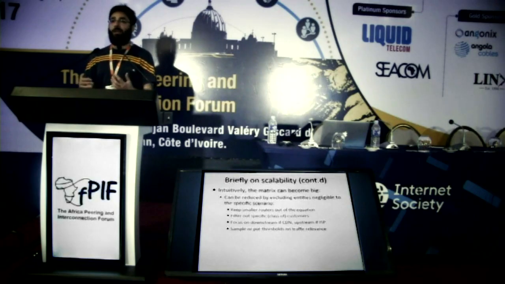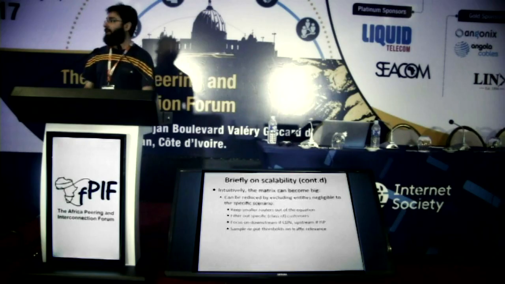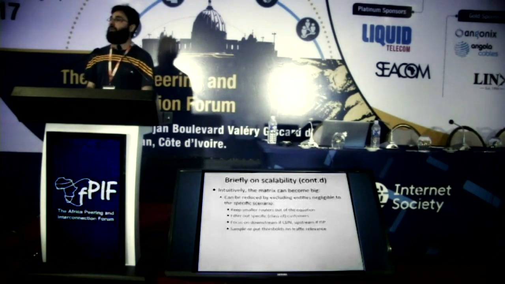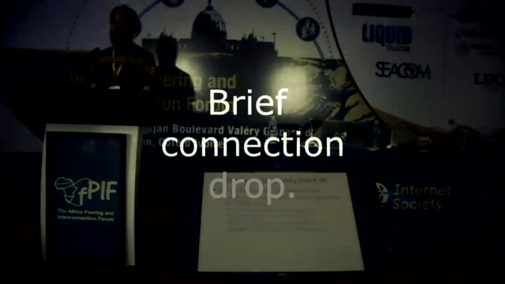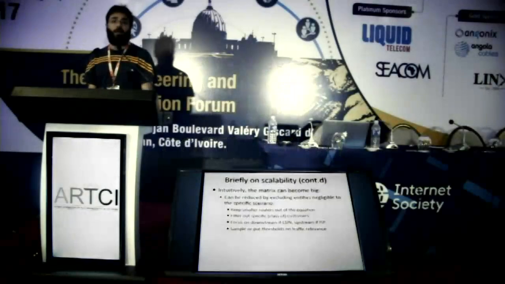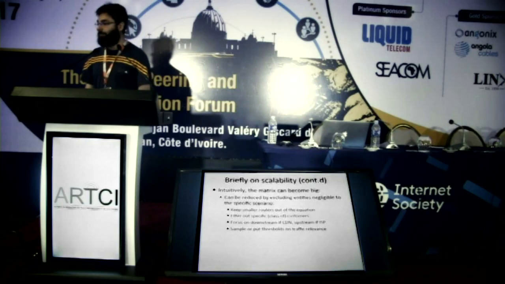Imagine that you have 10 gigabit pipes and you have POPs with, I don't know, a Cisco 7600 or a big MX router, and then you have a POP with a small 7200, right? So that 7200 maybe will not generate that much traffic, so you can reduce the traffic, and maybe you can avoid accounting for that specific traffic too.